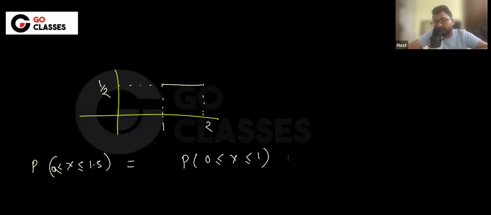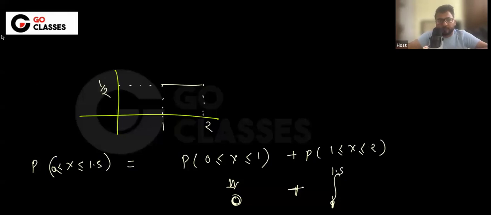To find the probability from 0 to 1.5, you need to find it separately: 0 to 1, which is 0, and then 1 to 1.5. You can't directly integrate just one thing. This is 0, and then from here you will be integrating 1 to 1.5. So maybe this is the reason that they are saying it is false.